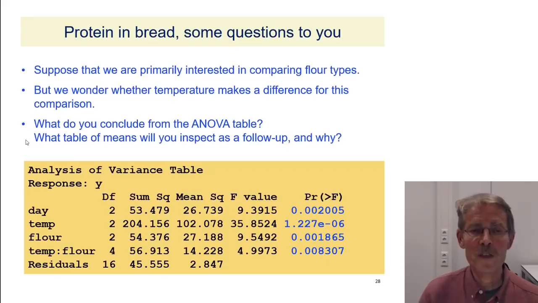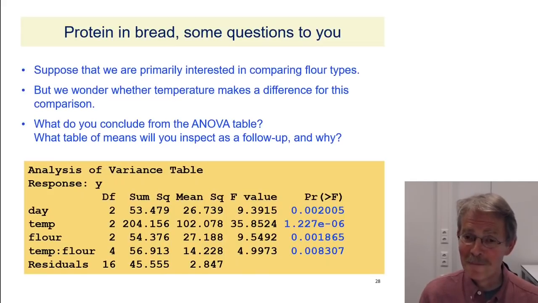And if you would proceed with pairwise comparisons, what table of means would you inspect as a follow-up? Would you look at separate tables for temperatures and flour types, the last one the most important, or would you look at a table of means of combinations of temperatures and flour types? So stop the video, think about it for a while, maybe write down some conclusions and see whether we agree when I proceed with the answer on the next slide. So see you in a moment.